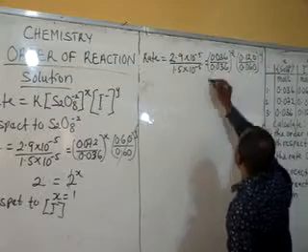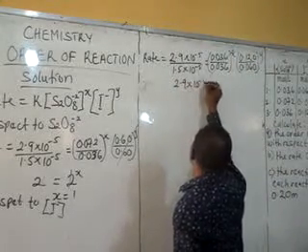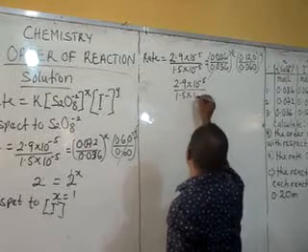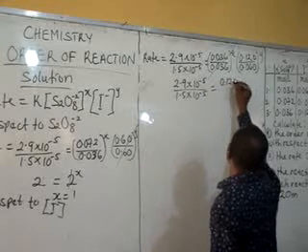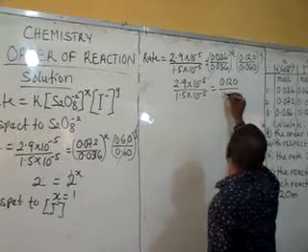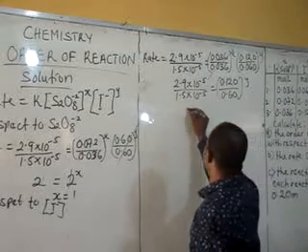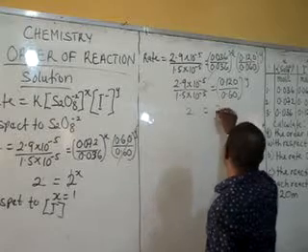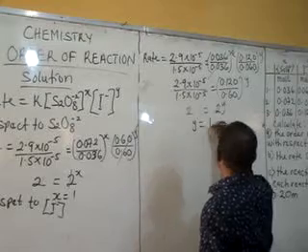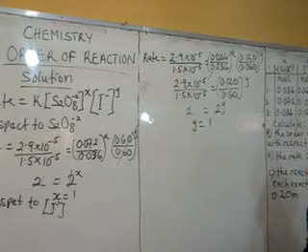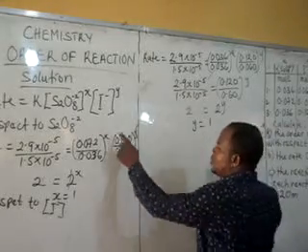So this will cancel out, and then we'll be having 2.9 times 10 to the power minus 5 over 1.5 times 10 to the power minus 5, which is equal to 0.120 over 0.60, everything into 1. Then to divide this through, we are having 2, and then here we are having 2 to the power y. Then this we cancel, then our y will be 1. So that means that it is still first order with respect to this.